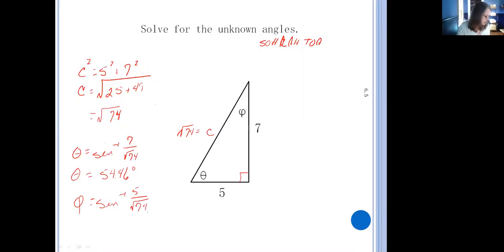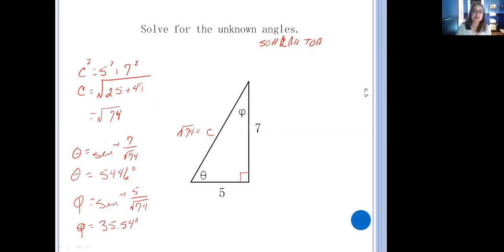I'm going to show you another way to do this here in a second that does not involve finding the hypotenuse. The other thing we could do once we had the first angle: what do we know about the sum of the degrees of the angles in any triangle? They add up to 180, so we could always use that to find our missing angle.